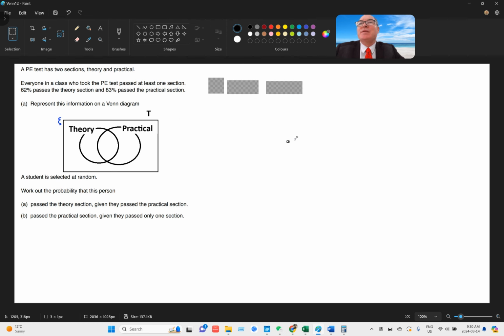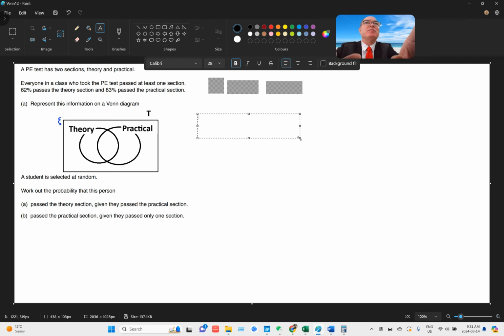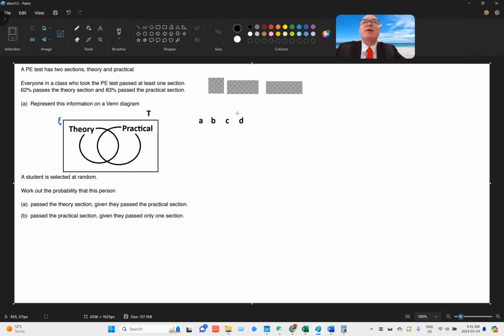And now we've seen a problem like this before where there's going to be people in every region here. Well, just start assigning variables. So I've got A, B, C, and D. All right, put you guys where you belong. D, these are the people who didn't pass anything.